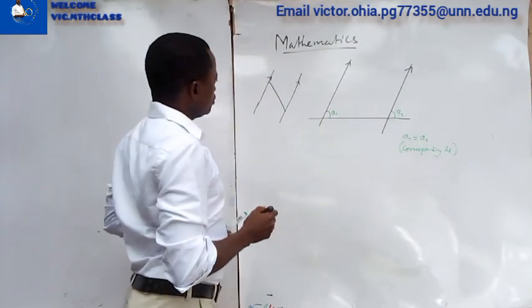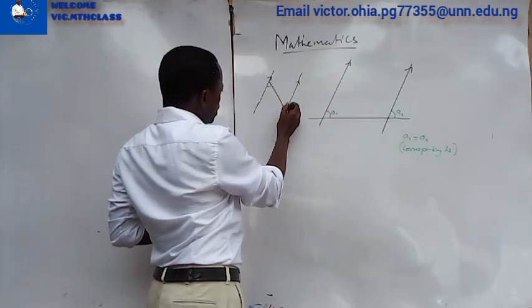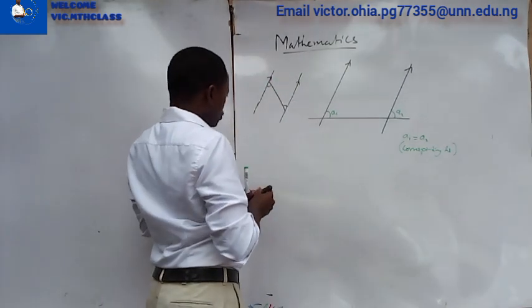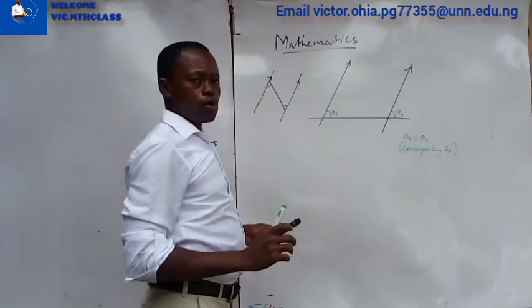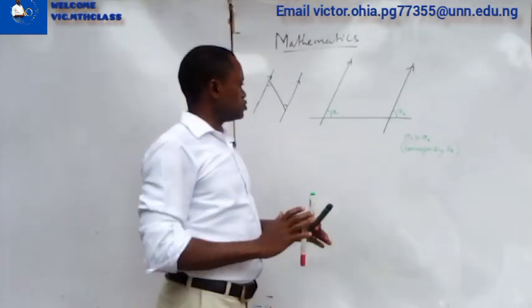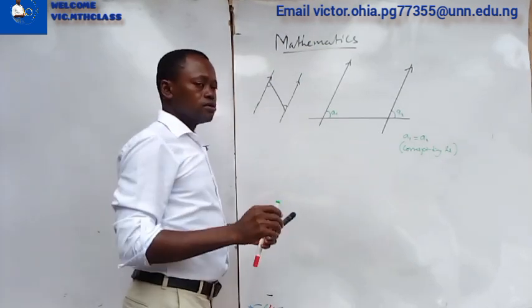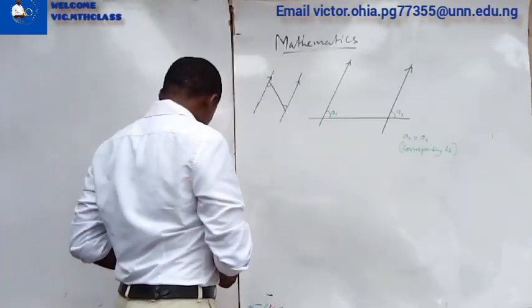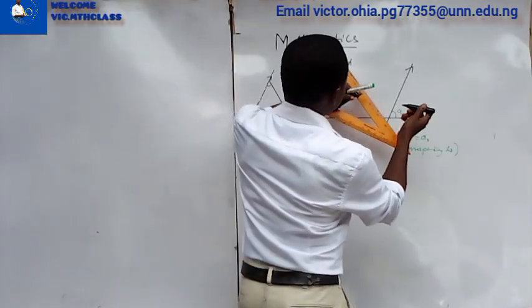You also realize that something is going on here and here. So we call this angle and this angle alternate angles. They are alternate. And alternate angles are equal. So let me put up something like this.